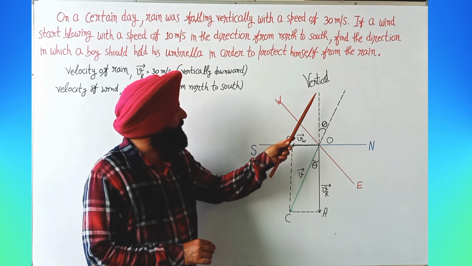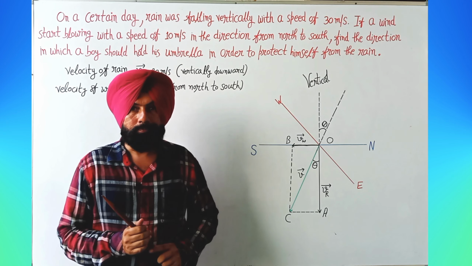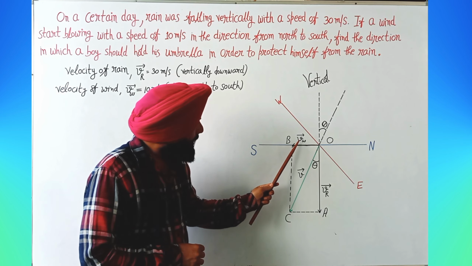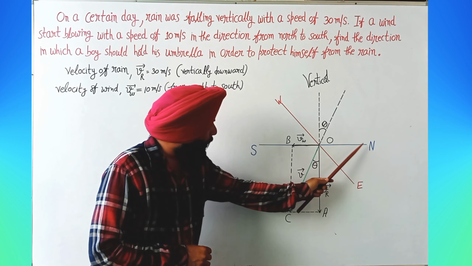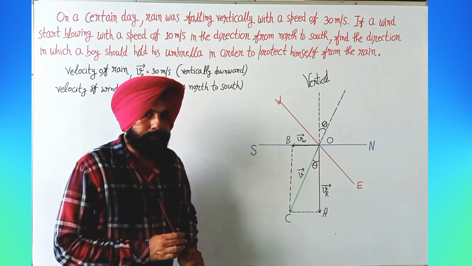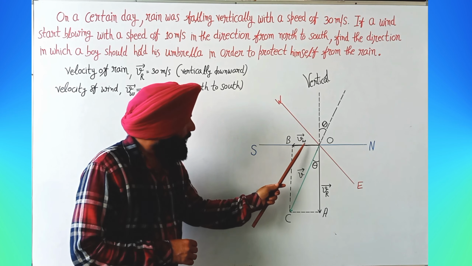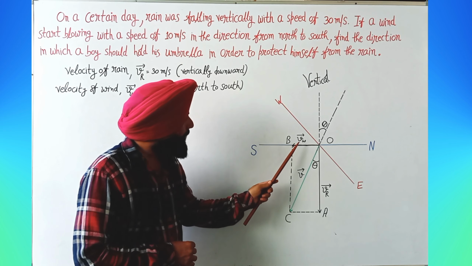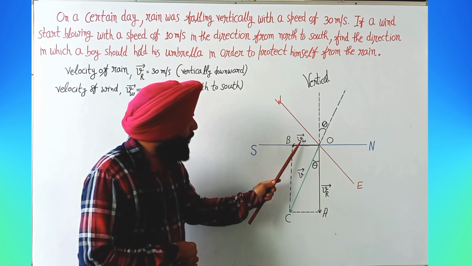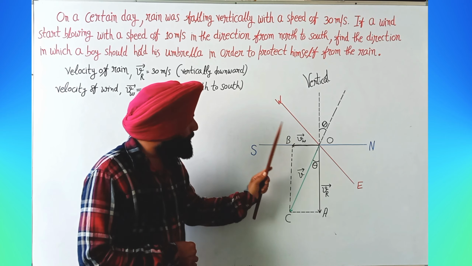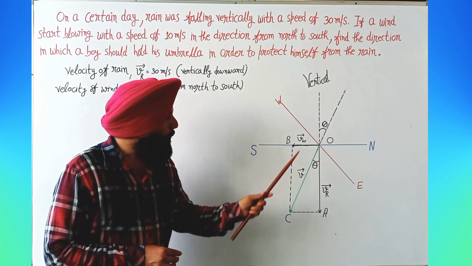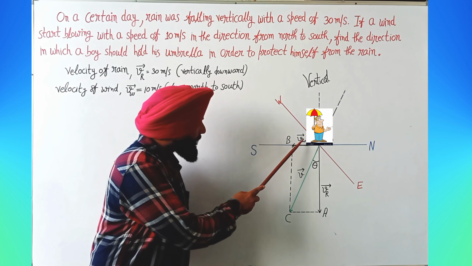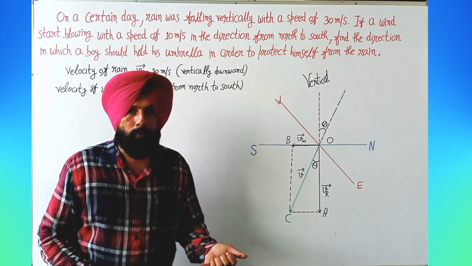Vertical means rain. Now from north to south, from here I make it as the origin. The vector VW represents the speed of wind.